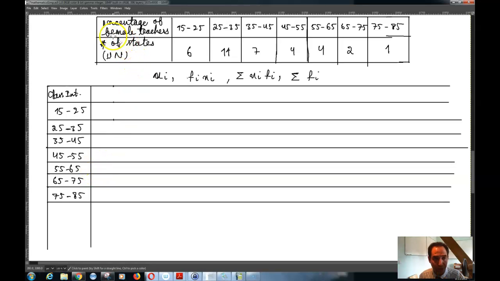Then you have the number of states or union territories. I can call that the frequency related to each class interval, so I can call that f of i.